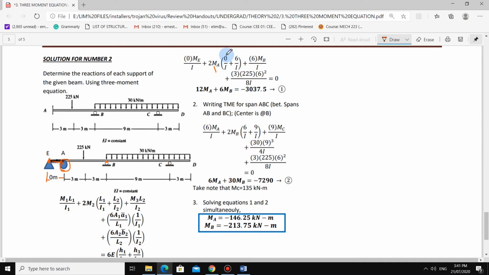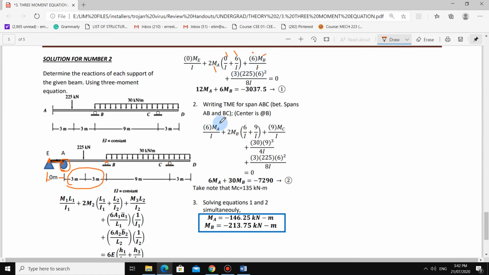Then the length on the left side is 0, and the length on the right side is 6, which is AB. Then plus M3. M3 is the adjacent right support which is B, so it becomes MB, guys, with length 6, over I. Okay? So that is due to the redundant.